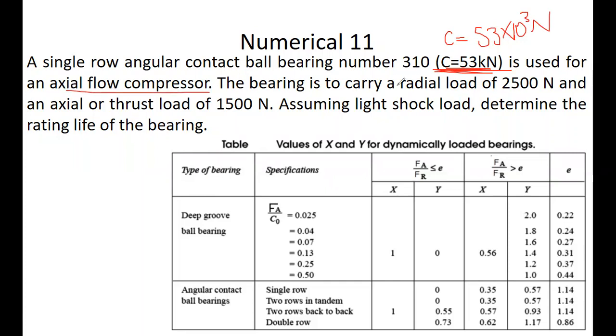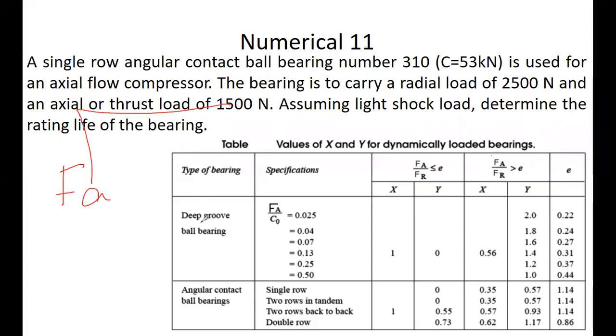The bearing is to carry a radial load, FR, of 2500 Newton, and an axial or thrust load, FA, of 1500 Newton. Assuming light shock load.